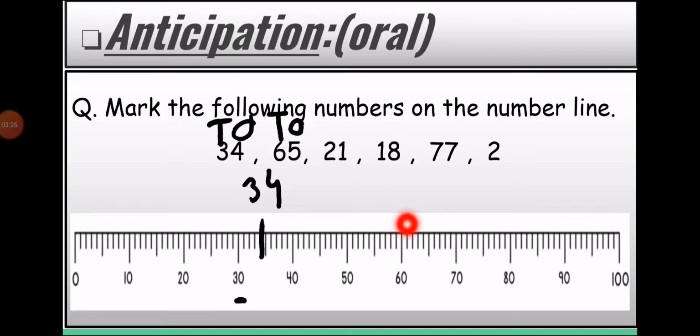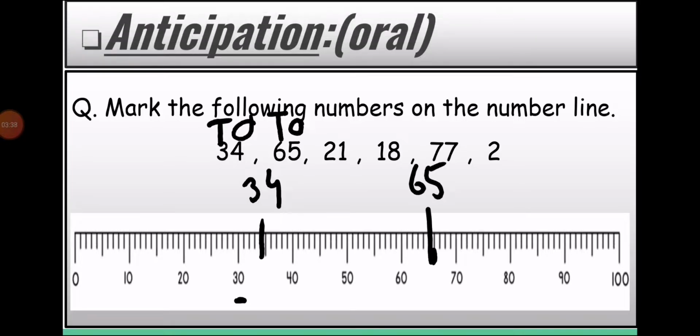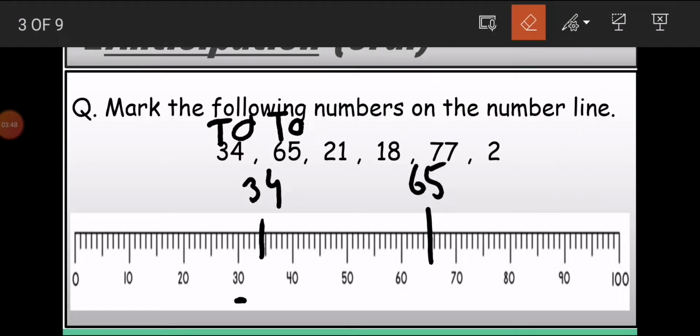And how many do I have to count more? 5. 1, 2, 3, 4, 5. Here is 5. So this is the place of 65 on the number line. You can see 65 is the midpoint of 60 and 70. So we will put 65 in the correct place by marking it.